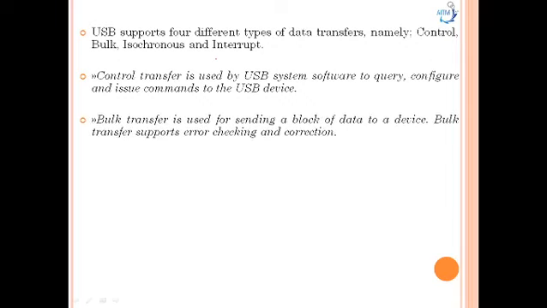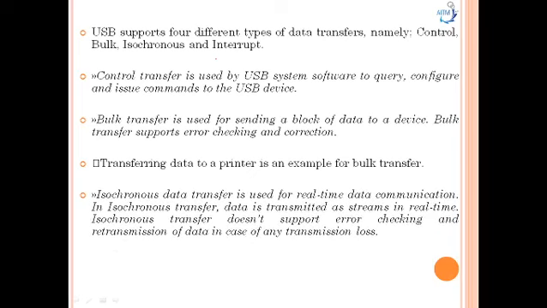Bulk transfer is used for sending a block of data to a device, and it supports error checking and correction. Transferring data to a printer is an example of bulk transfer.